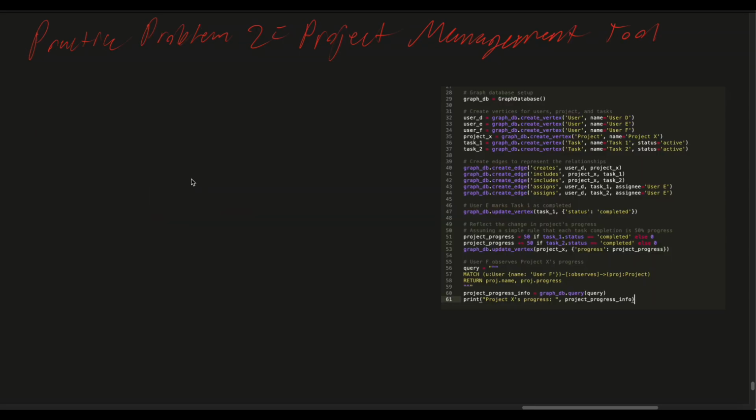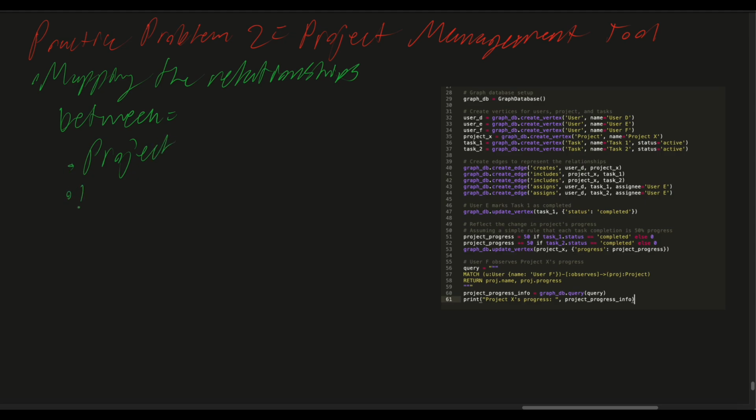Then for our next practice problem, let's consider a project management tool where users can create project tasks and assign tasks to team members. So we are mapping the relationships between project tasks and assigned users overall.